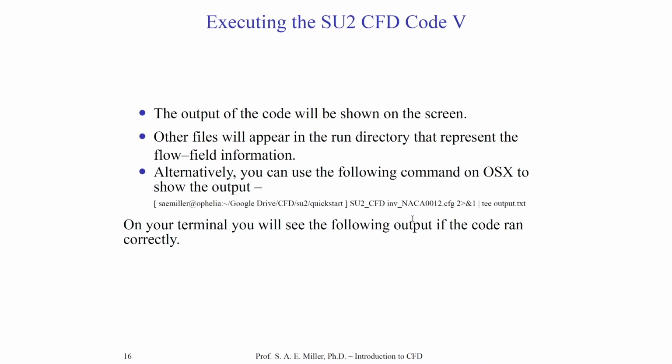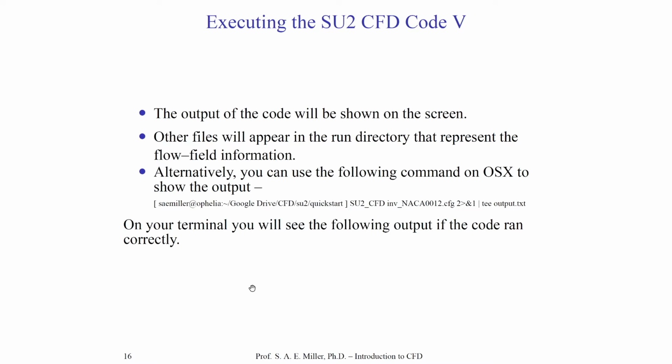You can try and type this command yourself, and you'll see that when your code ends and as it runs, you'll have whatever appears on the screen also be in the output file. If you have trouble with this, don't worry about it for now, and just run SU2_CFD with the configuration file and truncate the rest of the command. But if you get used to that, you'll be very happy if you can figure it out.